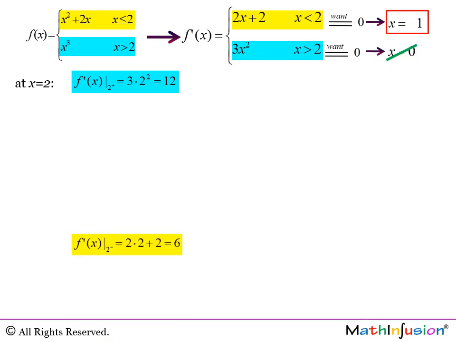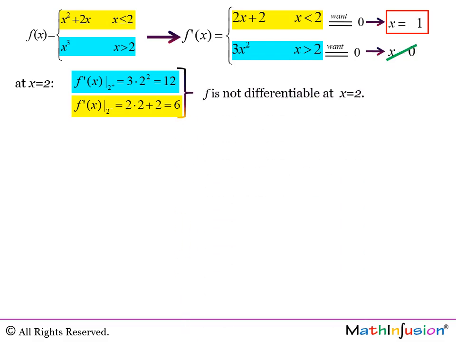Now we differentiate from the left side of 2. And it is 2x plus 2 when x equals 2, and we get 6. There is a sharp corner. It's not differentiable at x equals 2. So how many critical numbers does this function have? First, x equals -1, and then x equals 2.